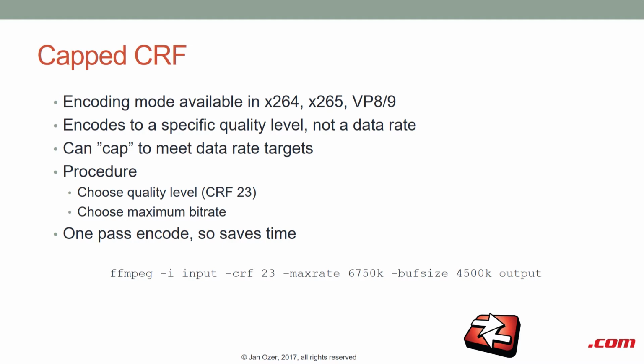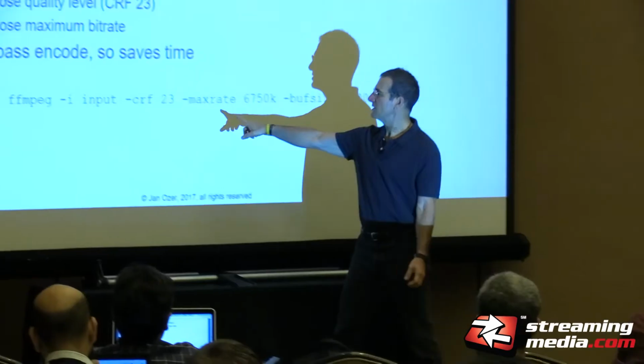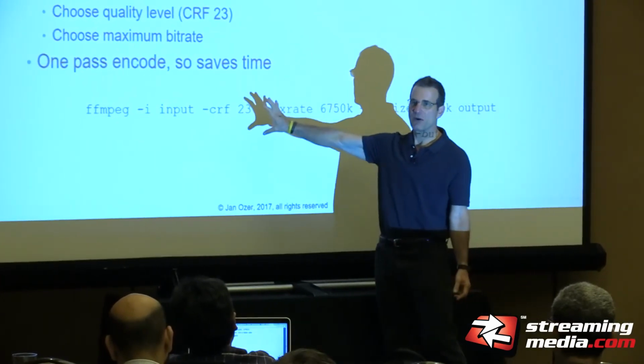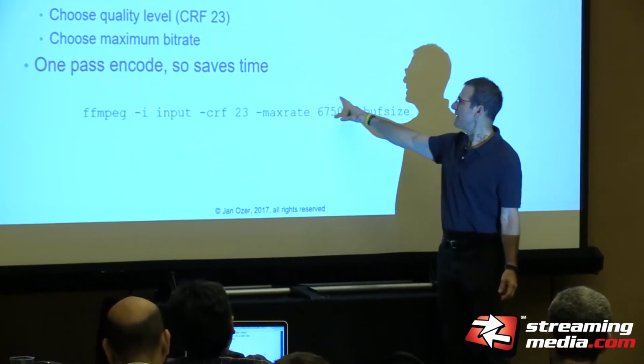Now we're going to start looking at the individual contestants that I considered in my evaluation. So CAP-CRF was first. Again, that's available as an encoding mode in x264, x265, VP8, and VP9. Basically what you do with CAP-CRF is you say, OK, I want you to encode to this quality level, and it's focused on quality, not data rate, but I don't want you to go beyond this cap.